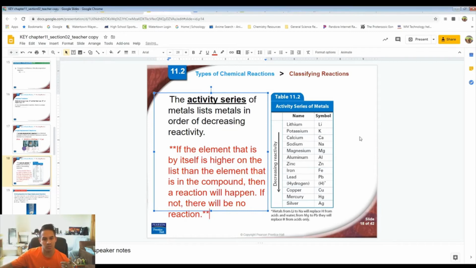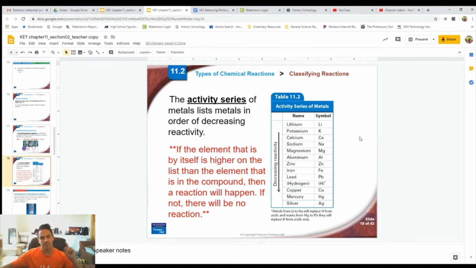Okay, this is really important. So basically, if the element that is by itself in the reaction is higher than the element that is in the compound it's trying to replace, the reaction will happen. If not, nothing's going to happen. You would put these things together and it would just sit there and nothing would happen.